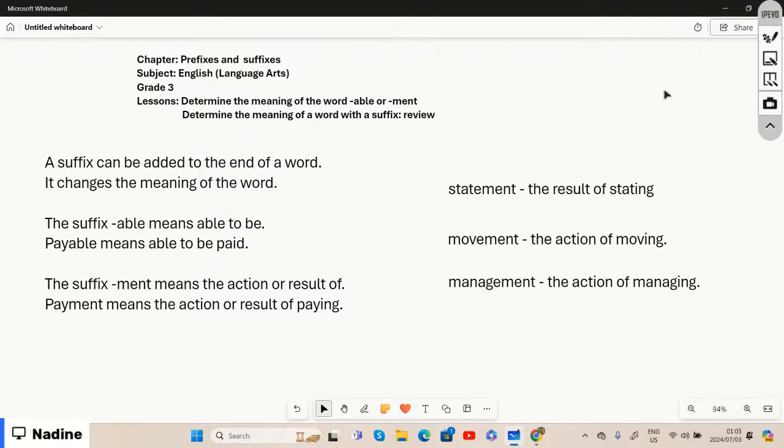And prefixes and suffixes is a continuation of our previous lesson, right?